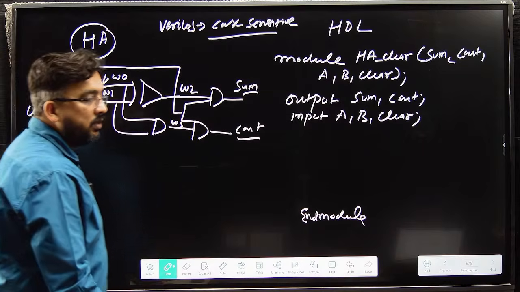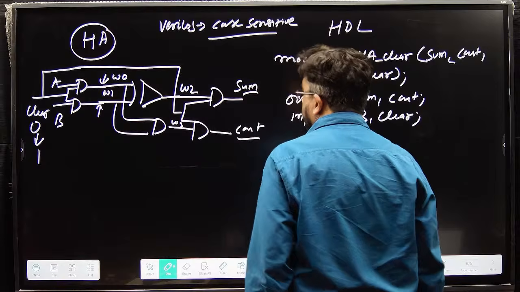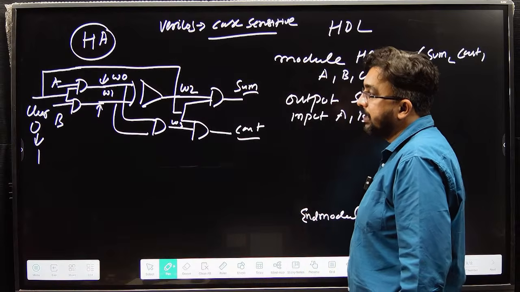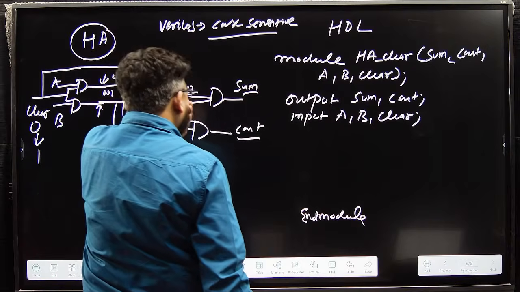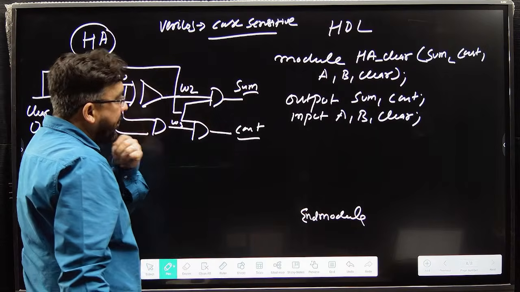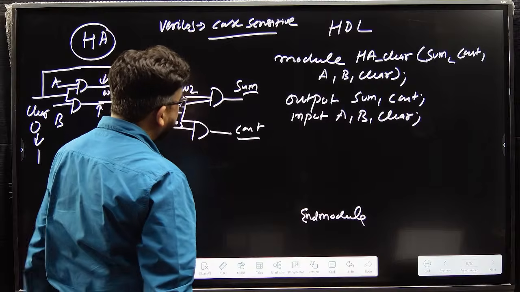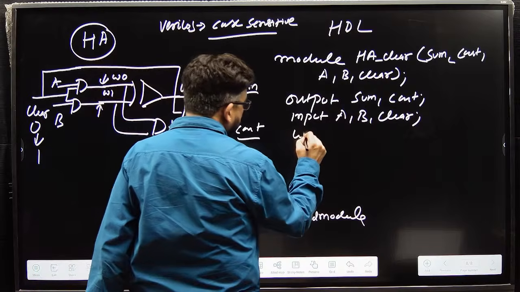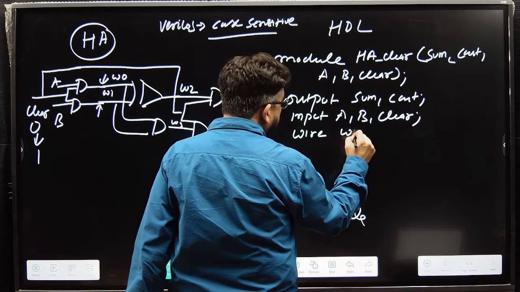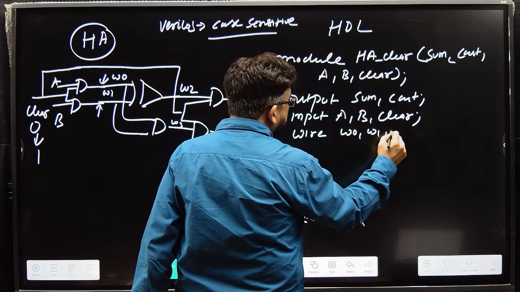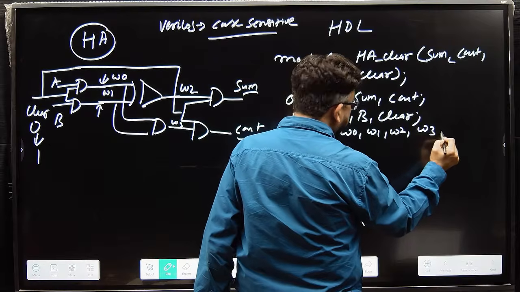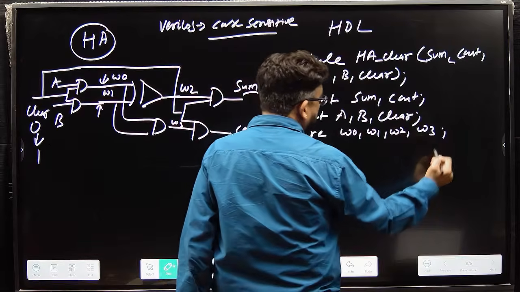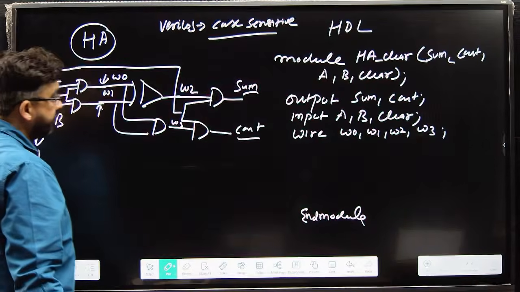So this is called a wire. So we have to define wire W0, W1, W2, with commas, W3. That's all.